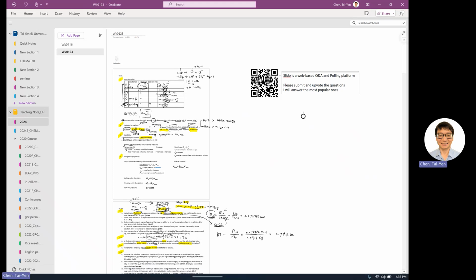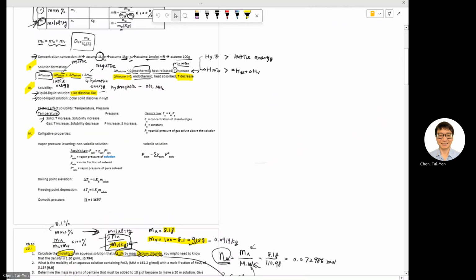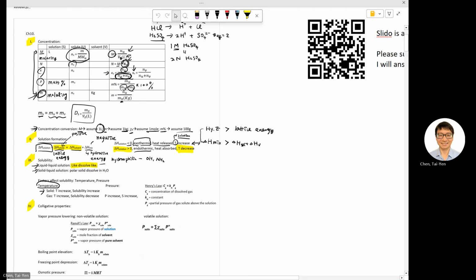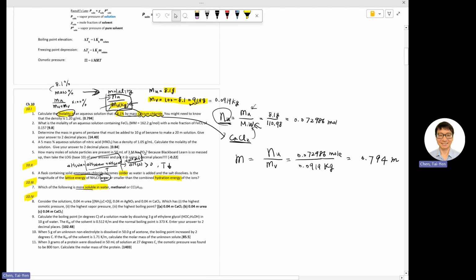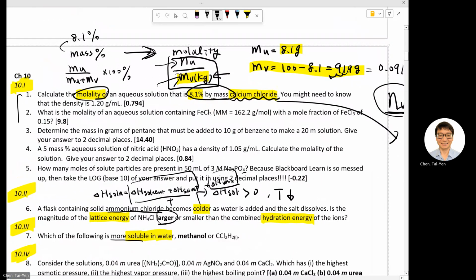When were we last time? We talked about concentration, right? Okay, so what we're going to do today is try to do a few questions in the concentration conversion.